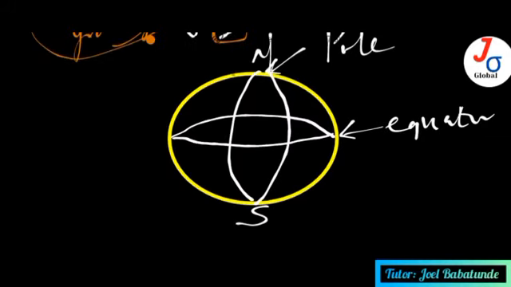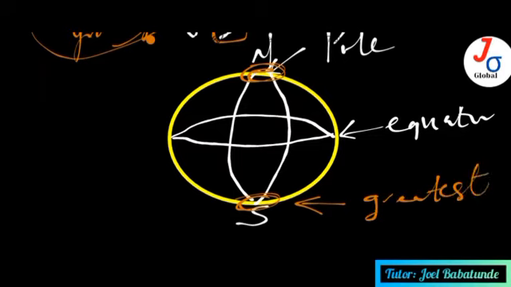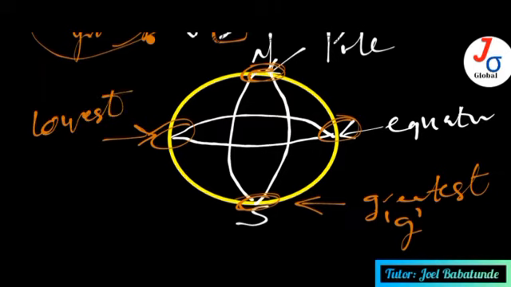What I'm trying to explain is that at the pole, either at the North Pole or at the South Pole, the acceleration due to gravity is the greatest there. So that's why you have the greatest G. Now, at the equator, it is where you have the lowest acceleration due to gravity.